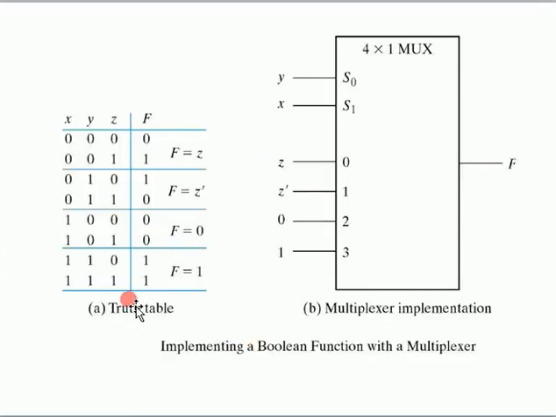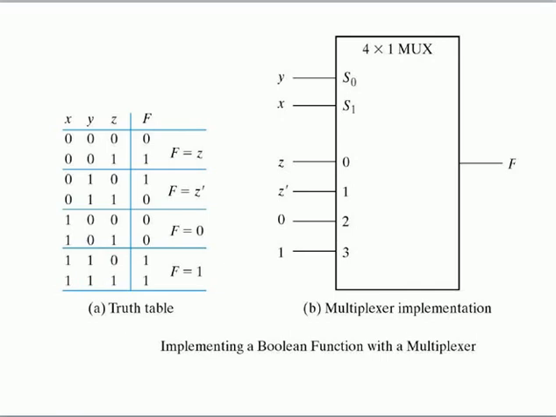First of all we have to draw the truth table for this. There are 3 variables x, y and z. When we write the combinations, they are 000, 001, 010, 011, 100, 101, 110 and 111.